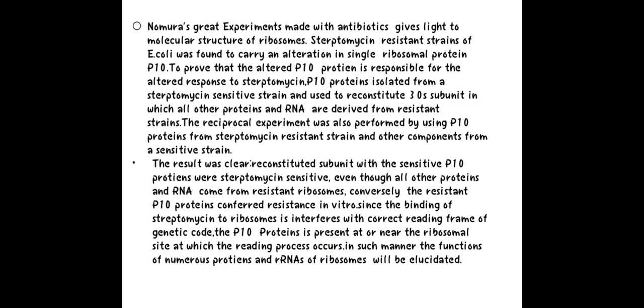Nomura's great experiments made with antibiotics gave insight into the molecular structure of ribosomes. Streptomycin resistant strains of E. coli were found to carry an alteration in a single ribosomal protein, P10.